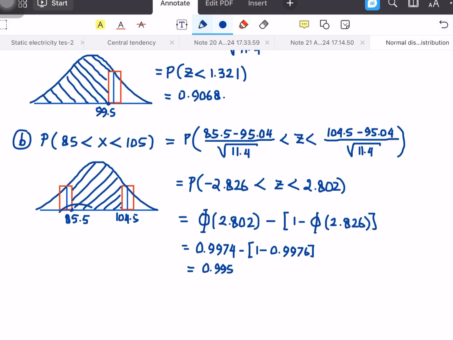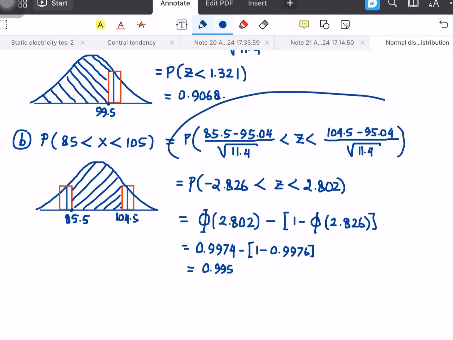And then the relative position of 85 is here, because 85 is smaller than the mean, which is 95.04. And then since 85 is not included, we are using 85.5, and we do the same thing with 105. 105 is not included also, so here we are using 104.5.